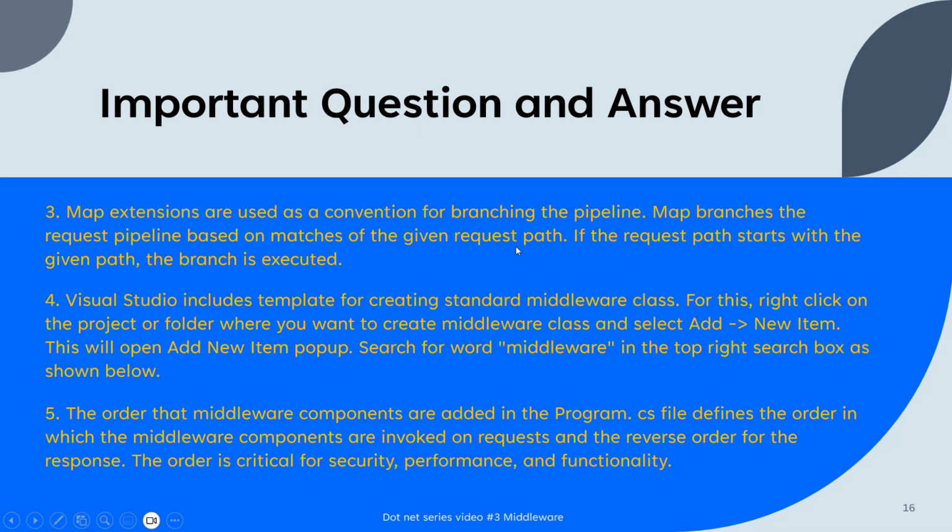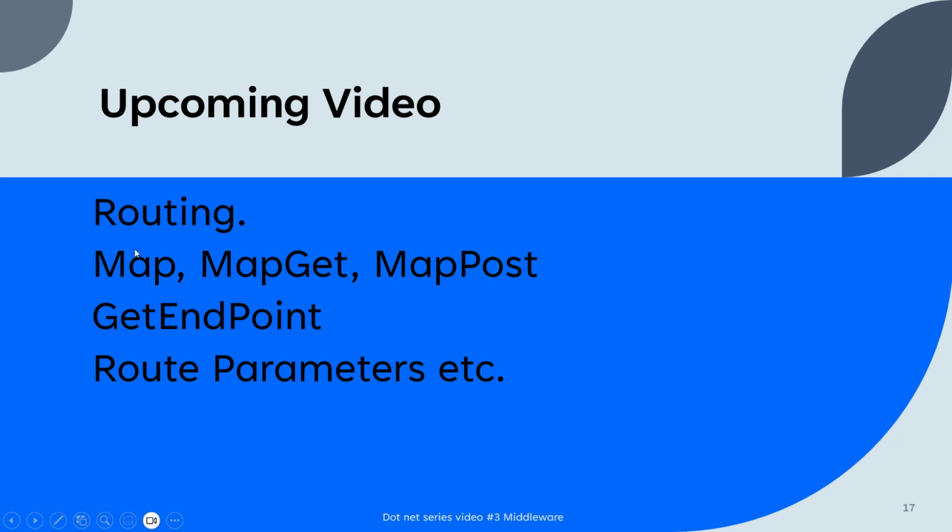So map get, map post, these are the things we will discuss in our next session, routing. In the next video, you will have routing with map, map get, map post, get endpoint, route parameter.